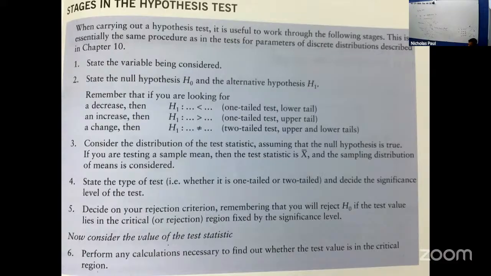Again, I want to highlight here that this is exactly like chi-square. Write here H0, write here H1. Determine what H1 is. Consider your distribution. Assuming it all is true and so on. So these are the steps that we take. Let's start from 1.